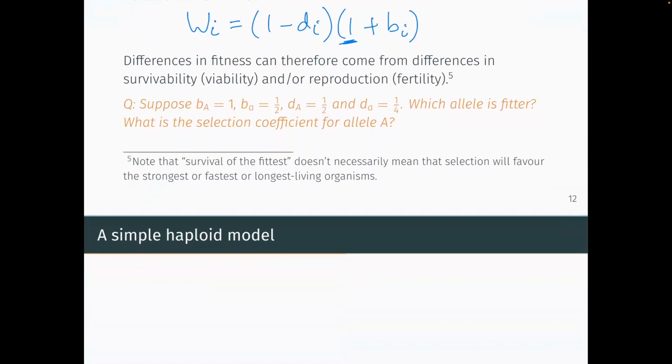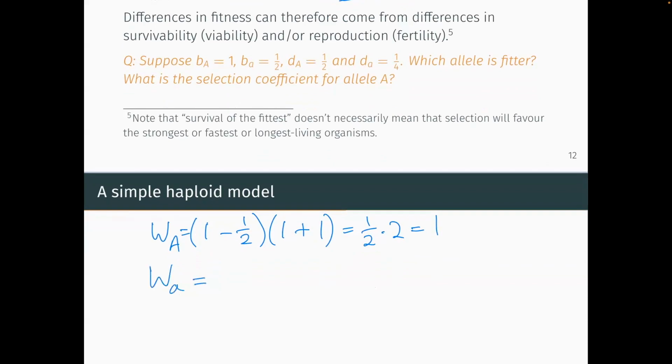So this isn't a trick question, as simple as it looks. The fitness of our capital A allele is just going to be 1 minus d sub capital A. From above, that's a half. So 1 minus a half, times 1 plus b sub capital A. b sub capital A here is 1. So we're going to have a half times 2, which is equal to 1.